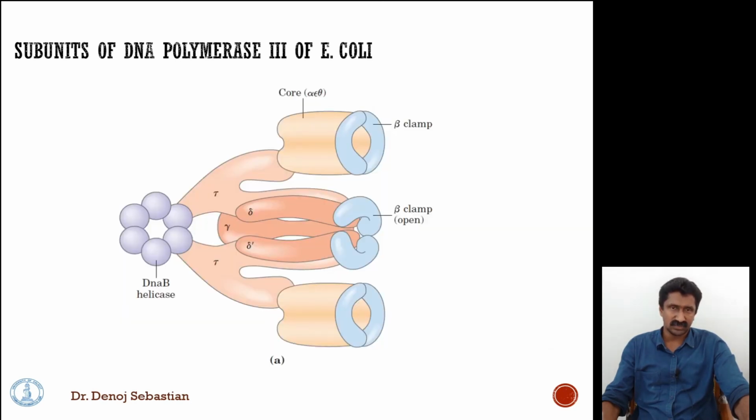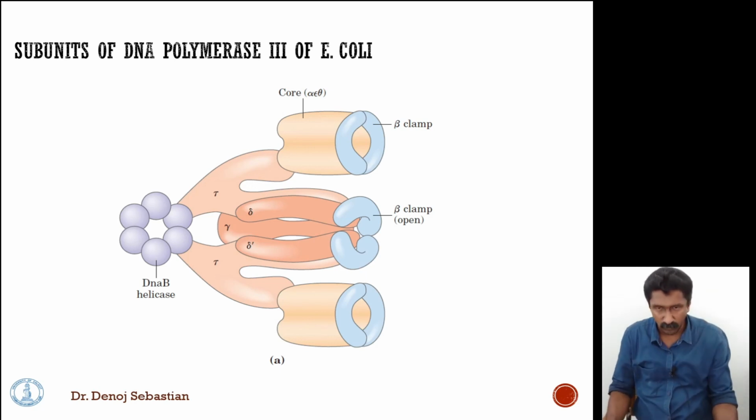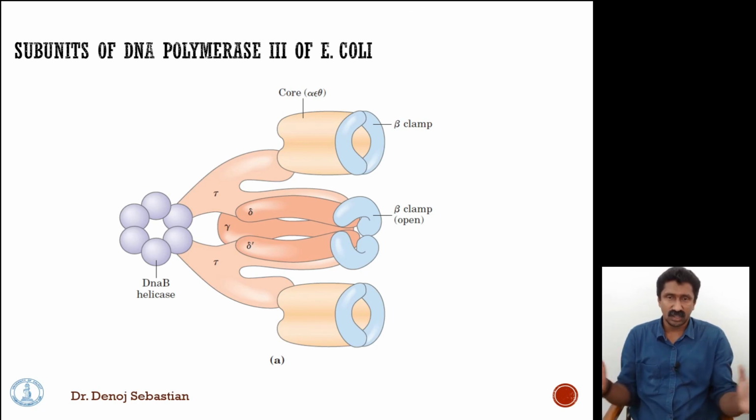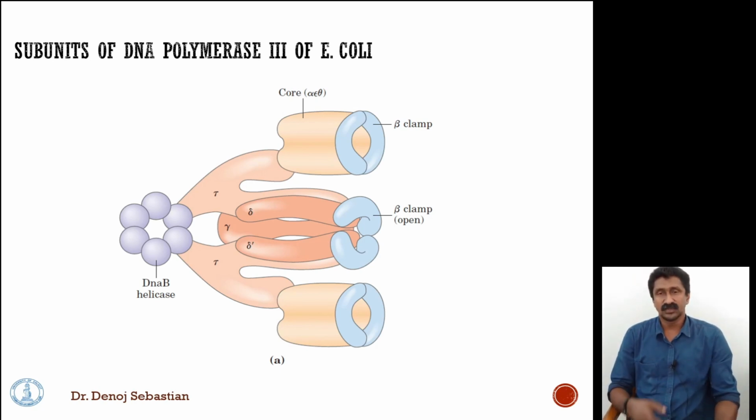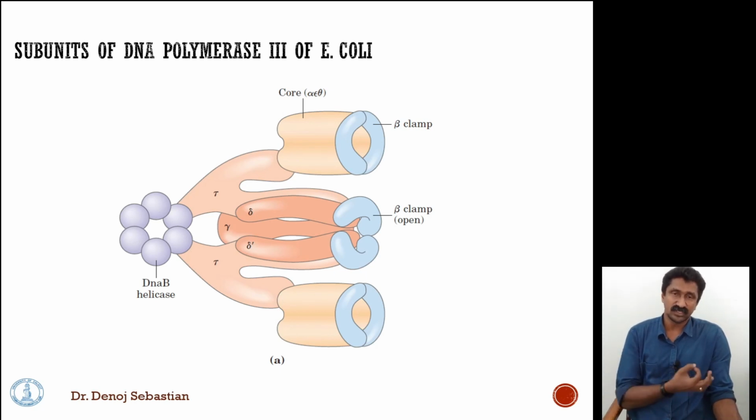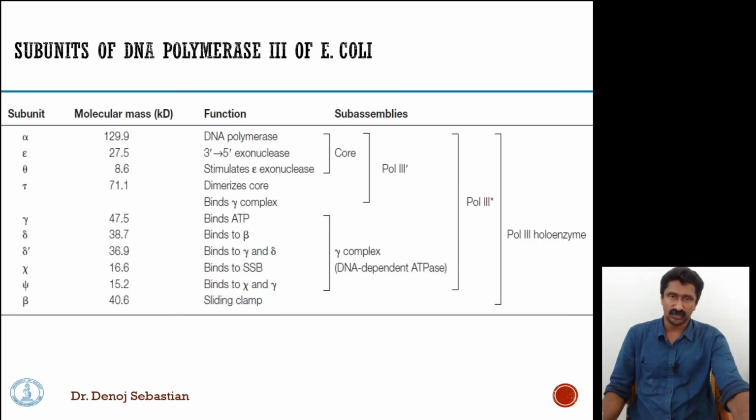So this is the beta clamp, and this beta clamp is required for increasing the processivity of the DNA polymerase, because this clamp will clamp around the DNA template strand, just like a ropeway moving on a string, so that the DNA polymerase can move till the end of the DNA strand without falling off, just like a cable car moving through a cable rope. So that clamp is created by the beta clamp, and it gives processivity to the DNA polymerase.